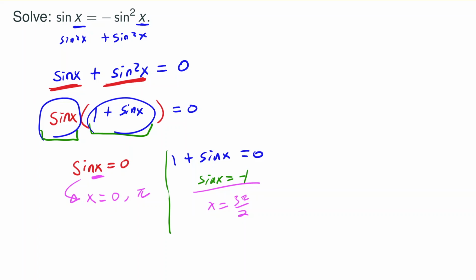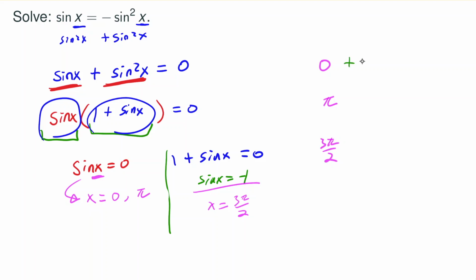So if you only look at the unit circle, which gives us angles only between 0 and 2 pi, this will be the answer. But this one doesn't give us any restriction, right? So actually our answer is not done yet. Our answer so far is 0, pi, and 3 pi over 2. But each angle has an infinite number of coterminal angles.